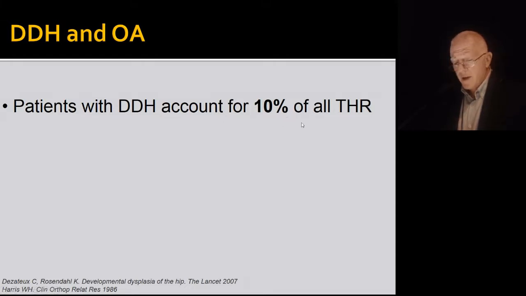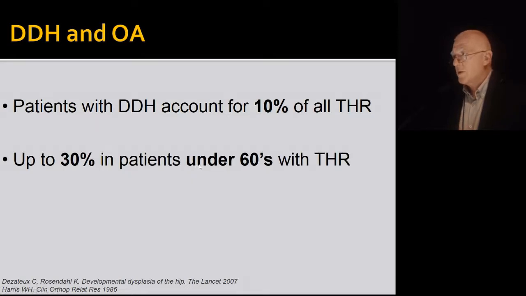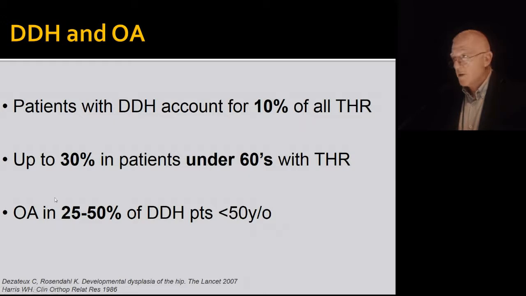And we see significant osteoarthritis in up to 30% of patients under 60 and up to 50% of patients under 50 years old. Therefore, it's clearly related to osteoarthritis, but not in the way that we know developmental dysplasia. Now it's almost obsolete. We are talking about the subclinical form, which is a minor developmental dysplasia of the hip that has skipped the clinicians.